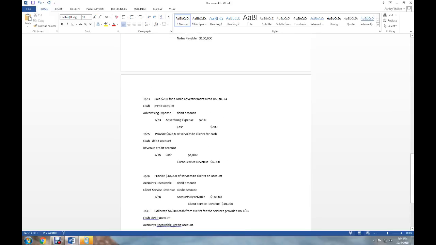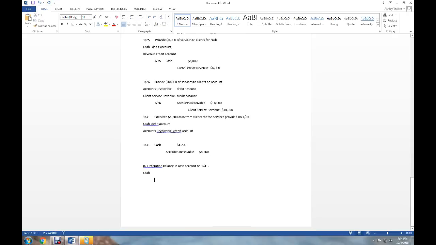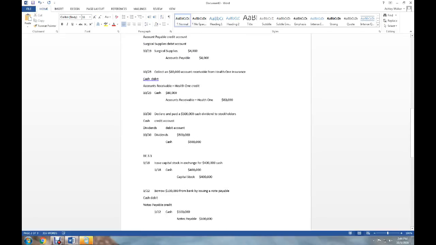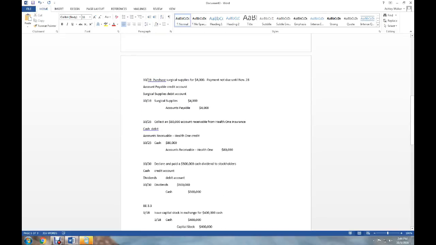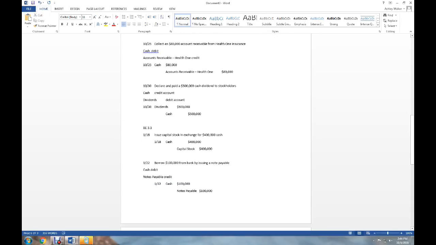So let's just go back and look at each individual transaction. On January 18th, we debited cash for $400,000. So let's set it up this way. That'll be our debit side, and this will be our credit side. So we debited cash for $400,000.